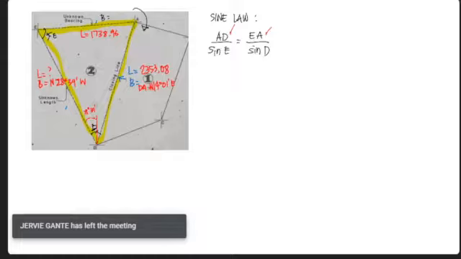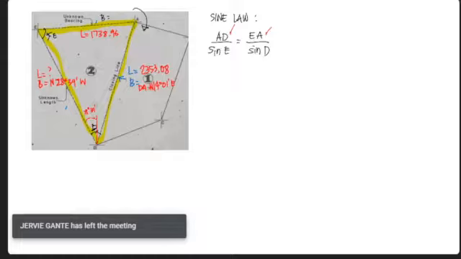So pwede nating makuha yung ating angle D. Sorry. Angle D. Our interior angle D na 28 degrees and 39 minutes plus 14 degrees and 1 minute.